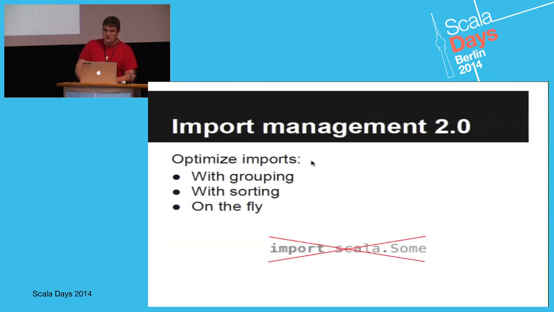So let's continue. The next thing we implemented in the latest Scala plugin release is new import management. As you know, it's actually the shame of IntelliJ IDEA, but import scala.Some was some kind of IntelliJ IDEA signature in people's source code.